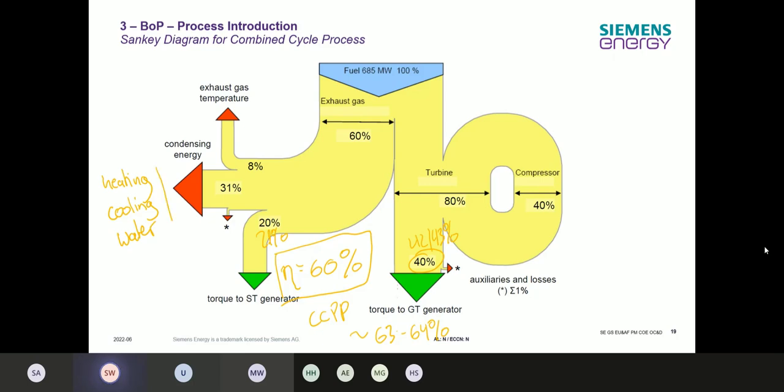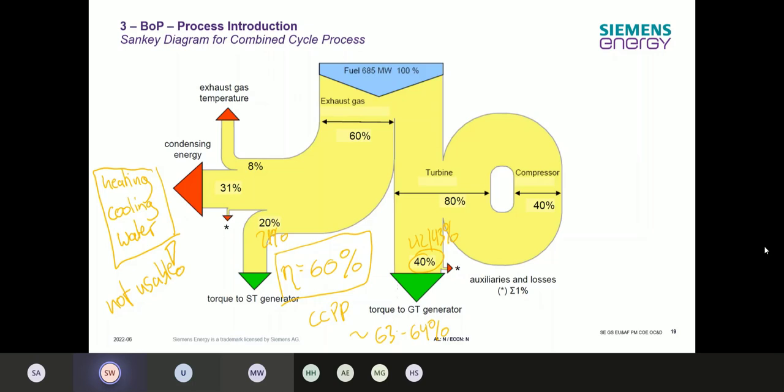So that is the condensation process, and this will be, let's say, lost, or not lost, probably not usable. Let's say it like this. So at the moment you cannot use it, or you're not using it in a normal power plant.